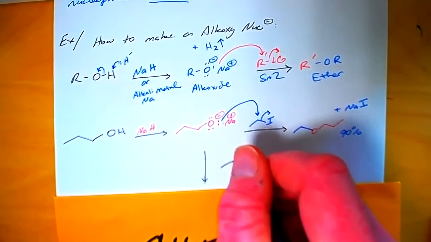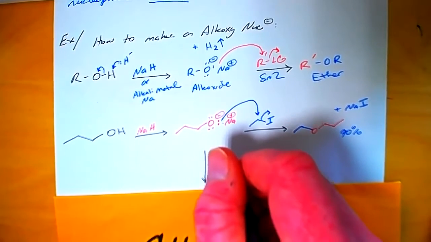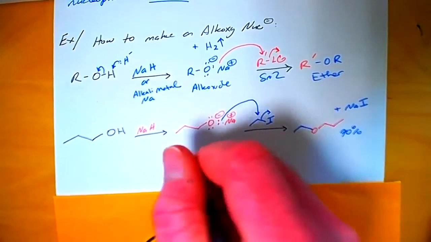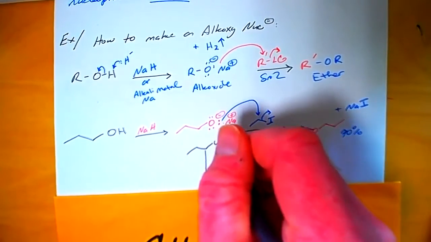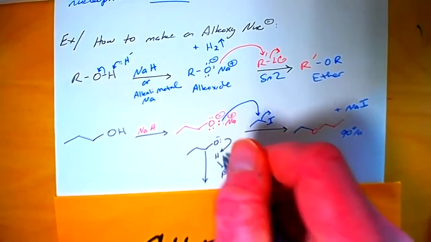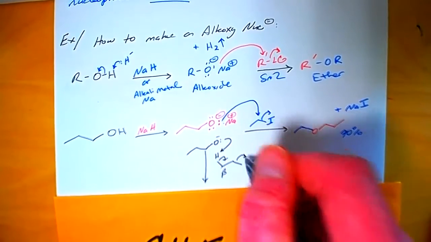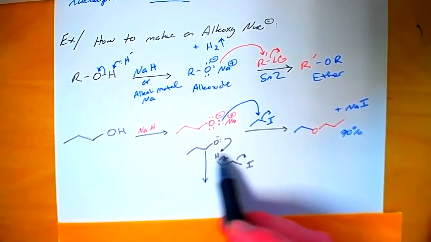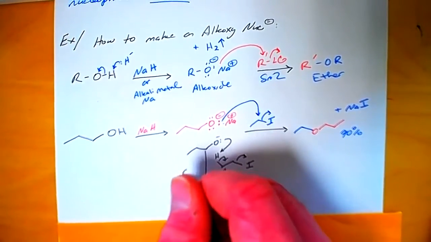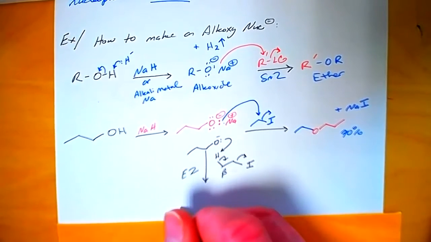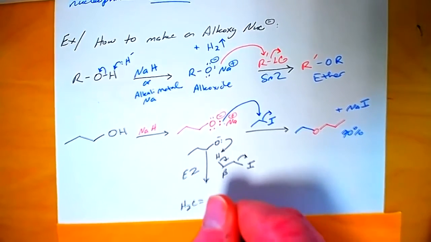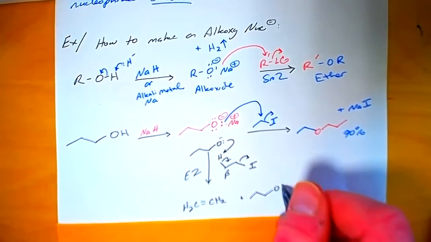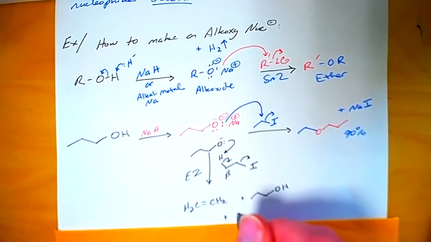And that side reaction is that you have hydrogens here that are on this beta carbon. So the other thing that can occur is your propoxide attacks that, and this undergoes an E2 reaction, and so you start to see some formation of ethene and a regeneration of your alcohol.